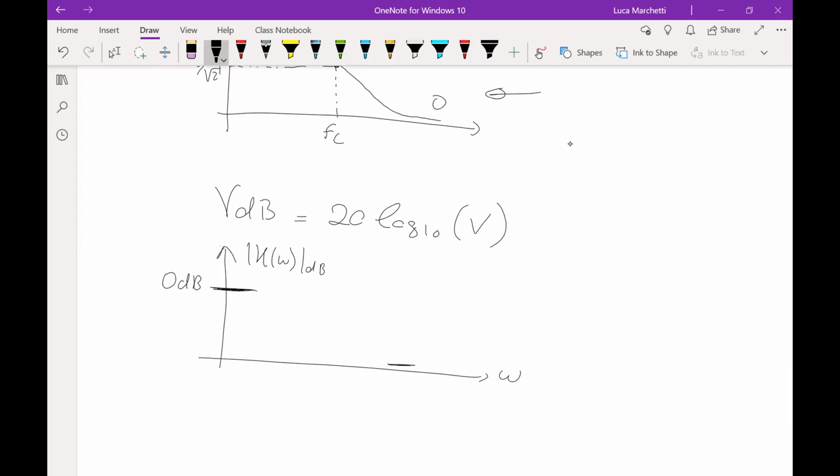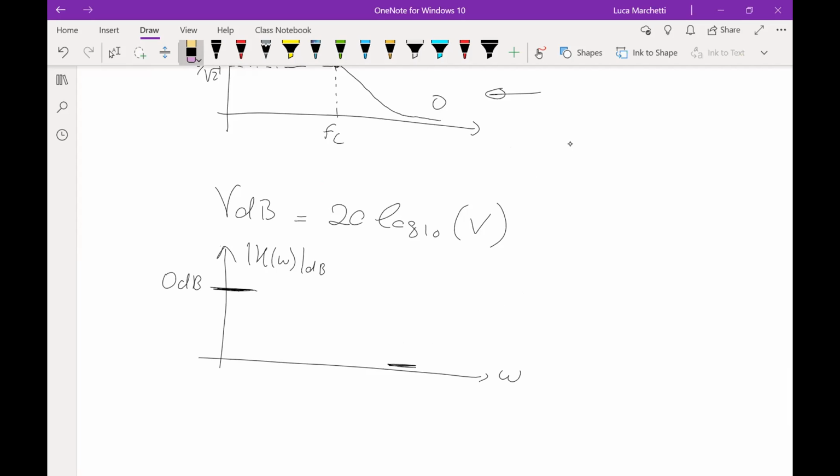And how much is it here? Well, here, in theory, based on what we did before, it should be 0. So we have to transform 0 into dB. How much is 0 in dB? Logarithm in base 10 of 0 is minus infinity, and minus infinity times 20 is minus infinity.